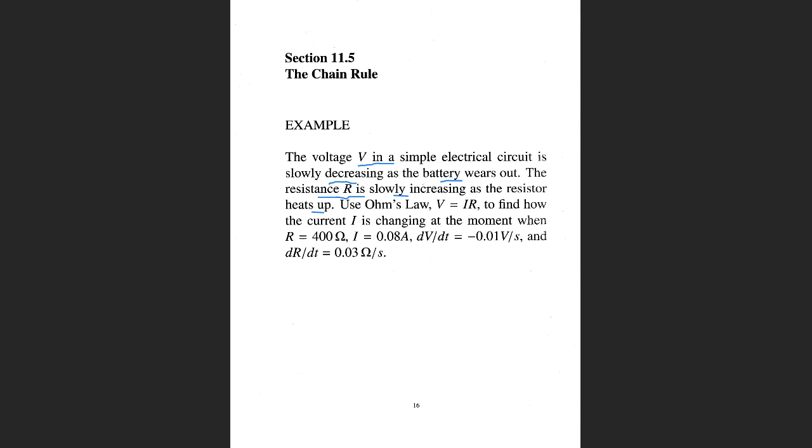We want to use Ohm's law to find how the current is changing at the instant when resistance is 400 ohms, current I is 0.08 amperes, the rate of voltage is equal to negative 0.01 volts per second, and the rate of the resistance is 0.03 ohms per second.